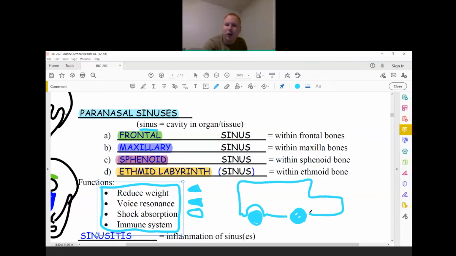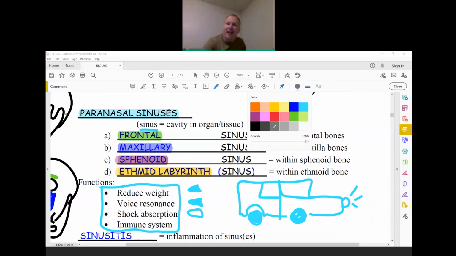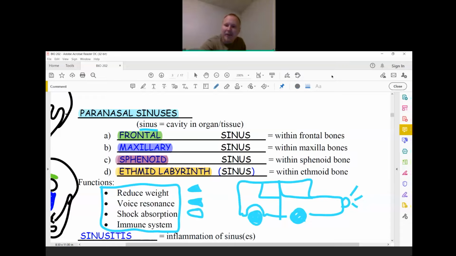So what I'm going to try to draw here is a car. If you have ever found yourself in a car accident, hopefully you haven't, one thing you notice in a front-on-front collision is that the front of the car collapses, kind of gives in.